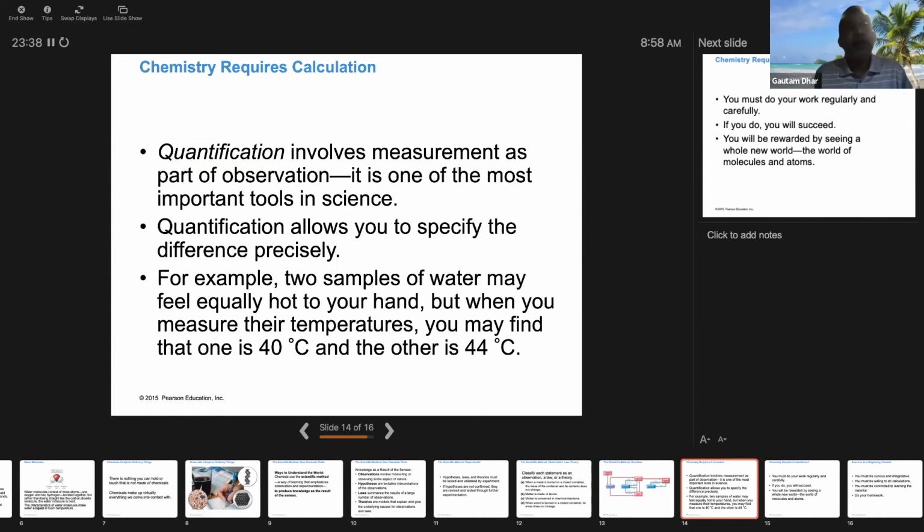When you are doing all these experiments to do your observations, there are quantifications involved. You have to quantitate, like measure something. So measurements are part of observation, and a very, very important one, because your explanation will stand on this measurement.